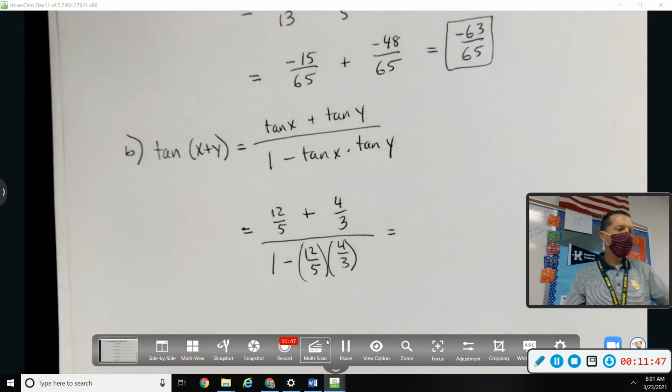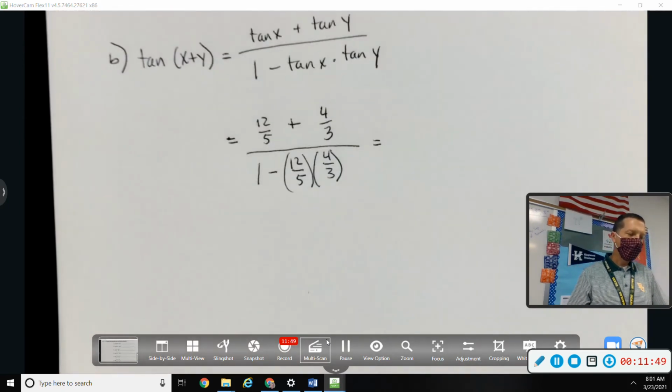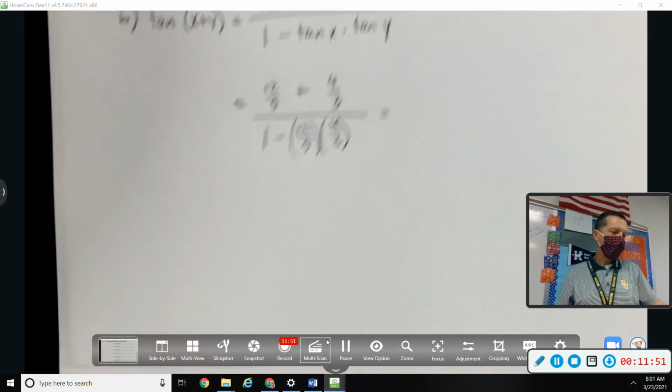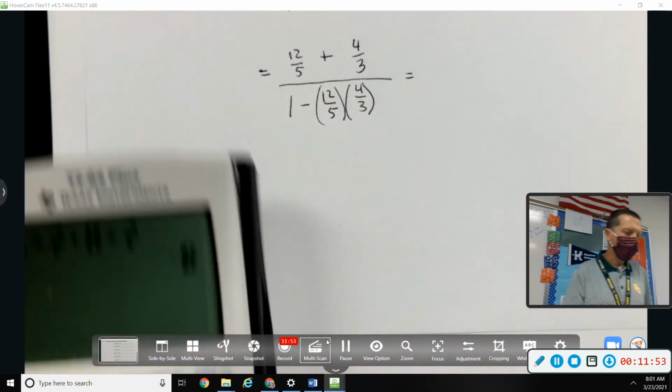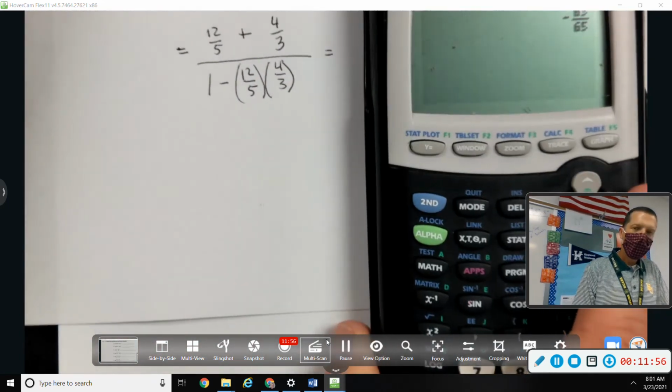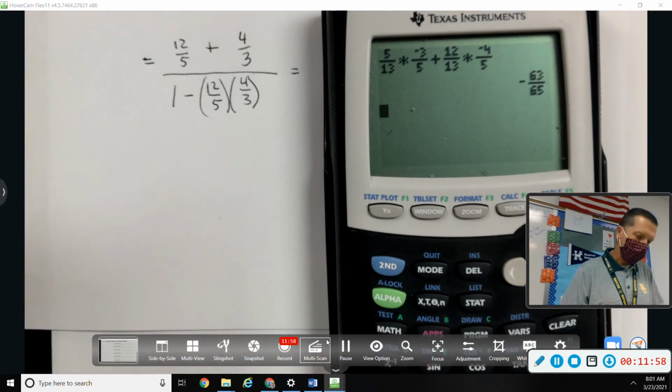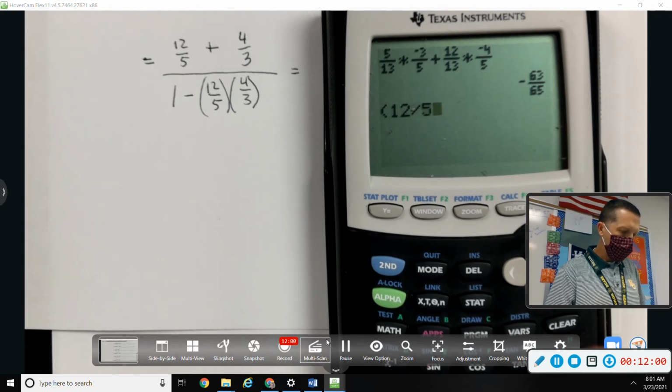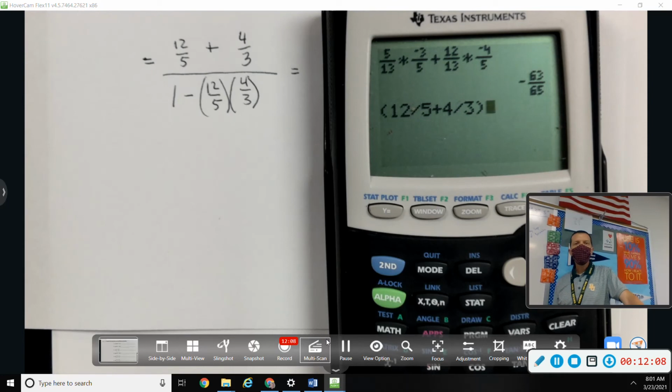Now this one, I'm less likely to trust myself, because that's adding fractions without a common denominator and then dividing by fractions. So this one I probably am going to put in the calculator. I'm not going to use the fraction bar, because I think it takes too long to mess with. I'm just going to use division.